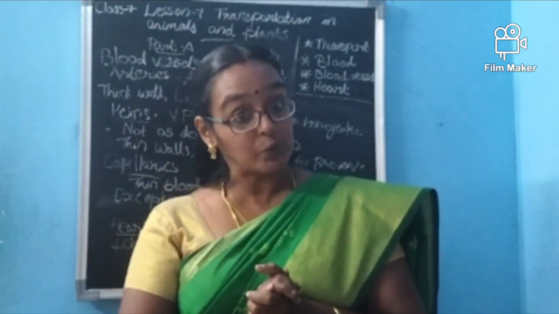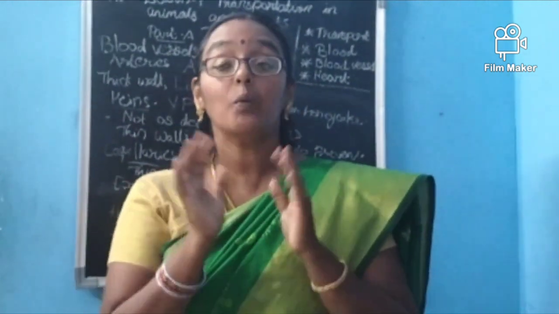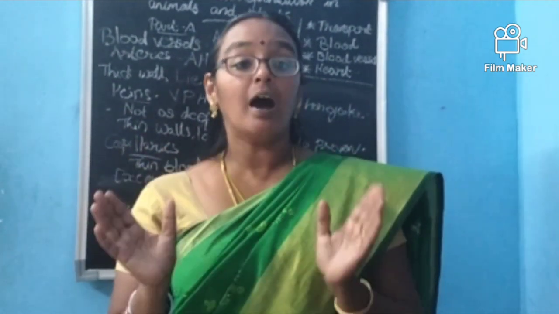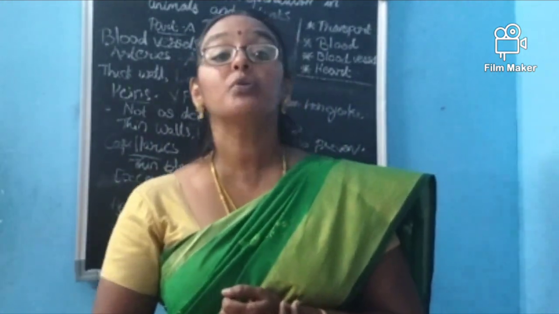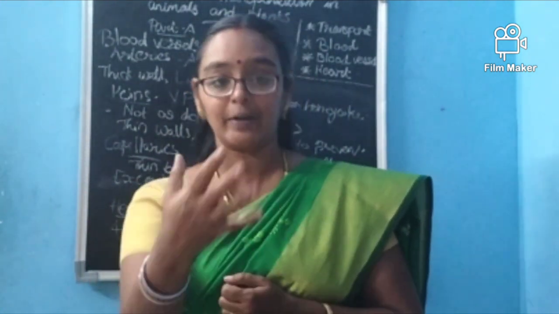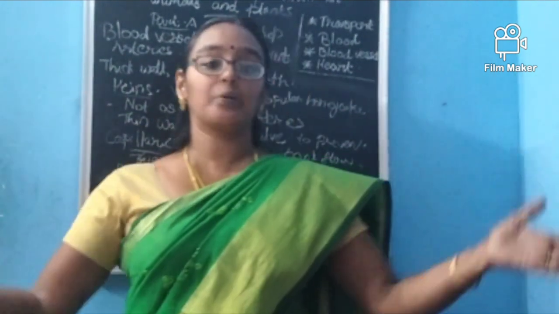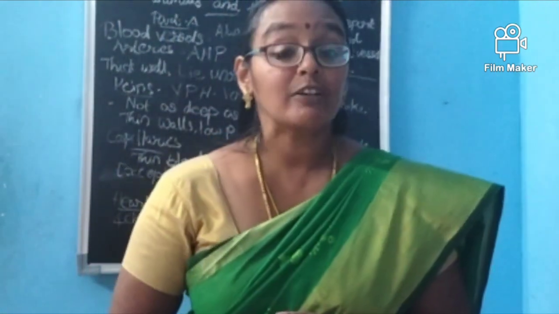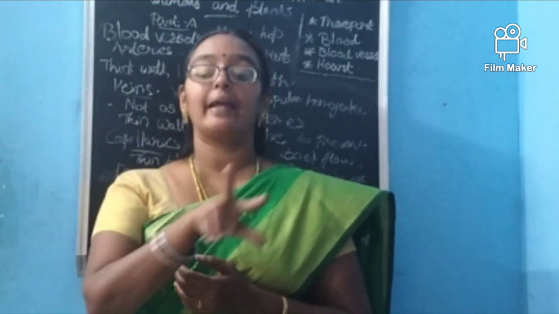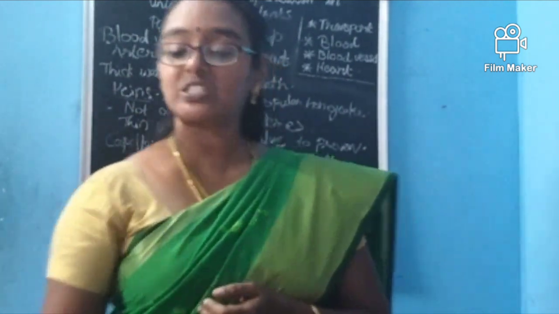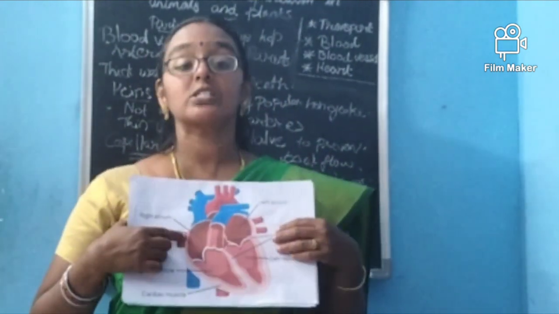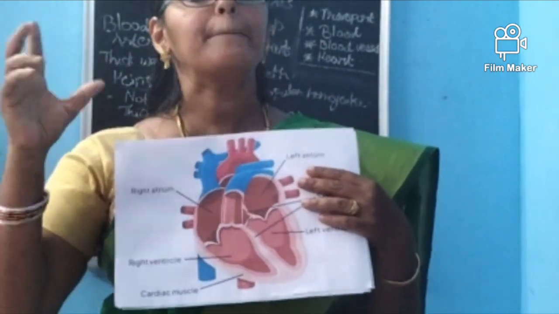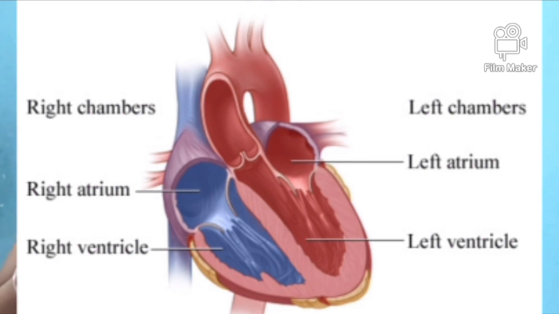First, we have to see how the heart is functioning. Heart has 4 chambers. How many chambers, Kanna? 4 chambers in the human heart. In human, we are saying, Kanna, not for all the organisms. Heart has 4 chambers, upper 2 chambers and lower 2 chambers. The 2 upper chambers are called atria.